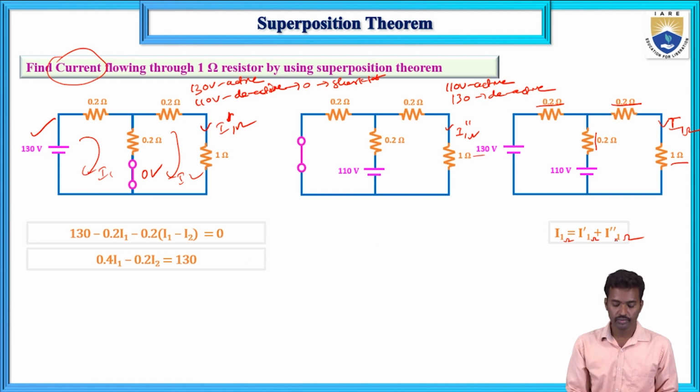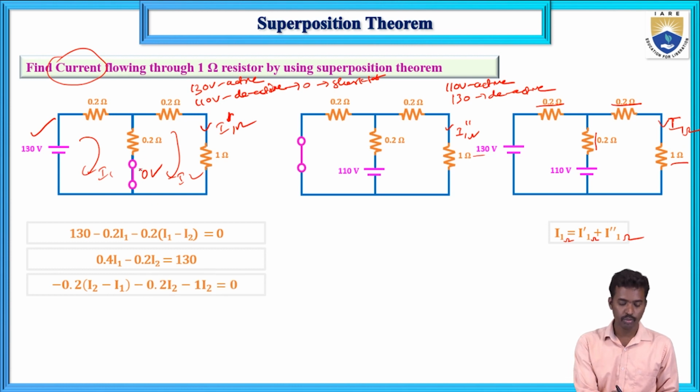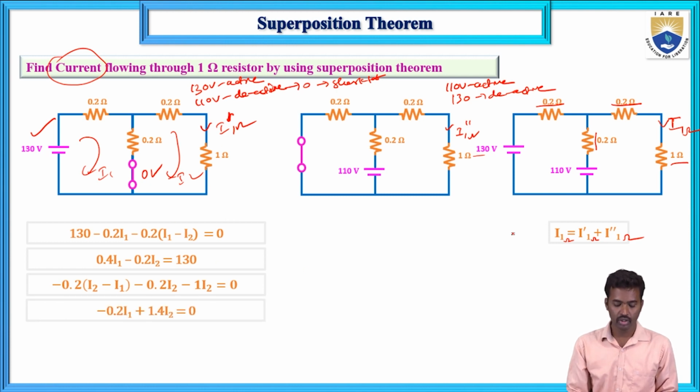Now minus 0.2 I2 minus I1, 0.2 I2, that is minus, and minus 1.2. Now 0.2 I1 minus, that is plus 1.4 I2.